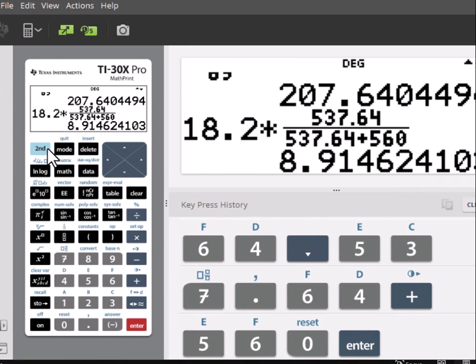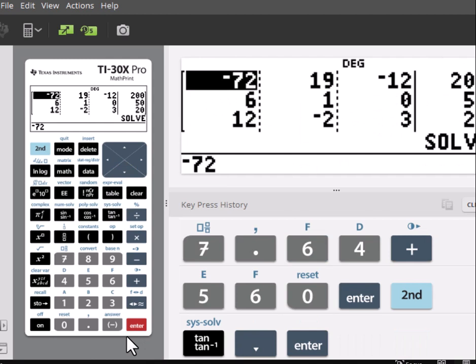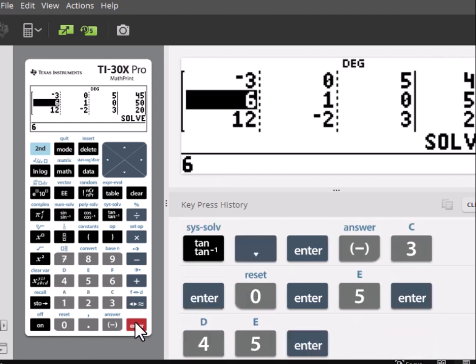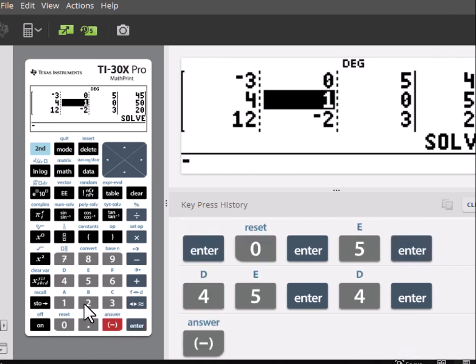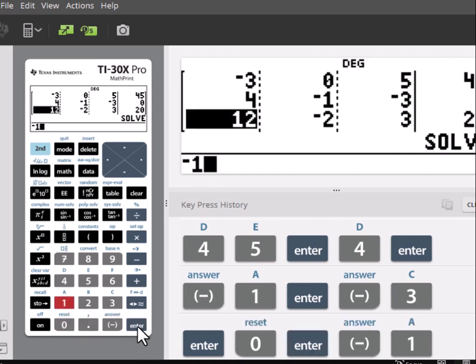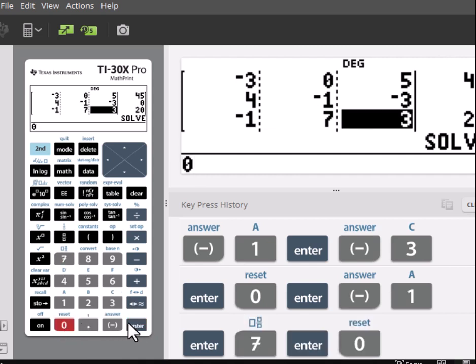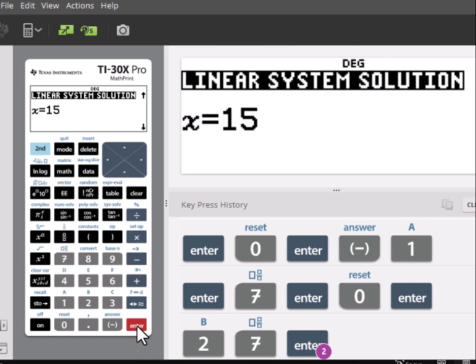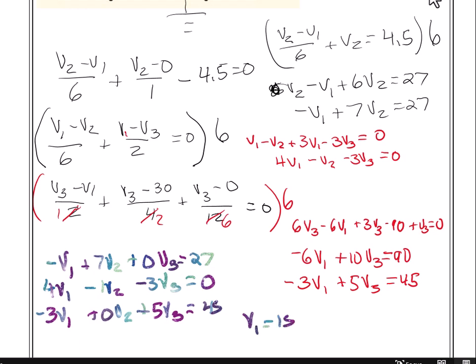Putting them into a matrix and solving, I get that V1 is 15, V2 is 6, and V3 is 18.